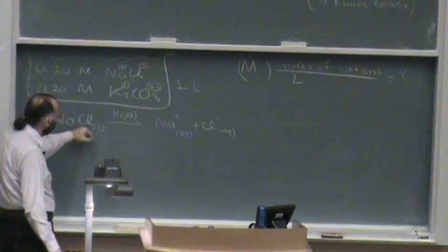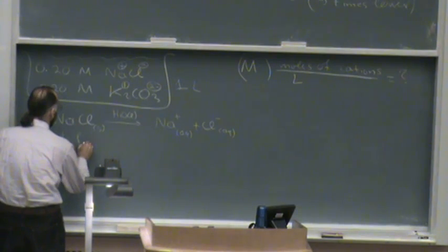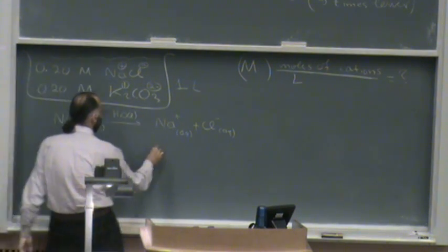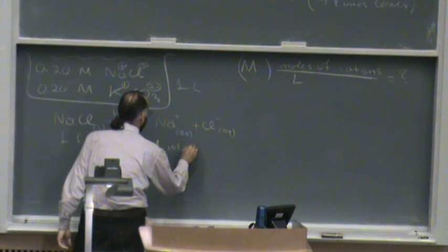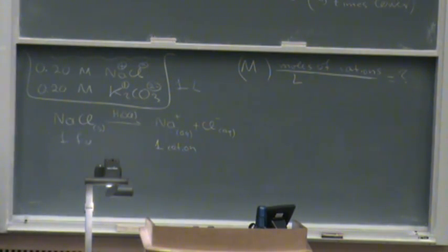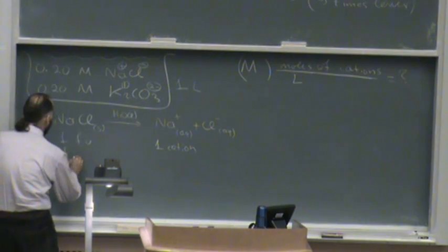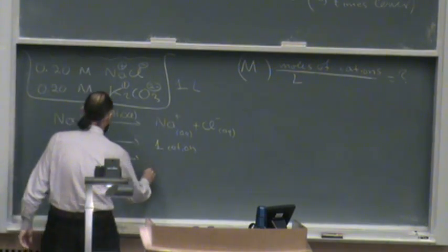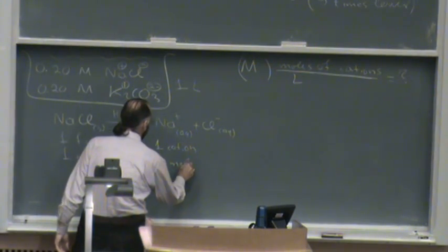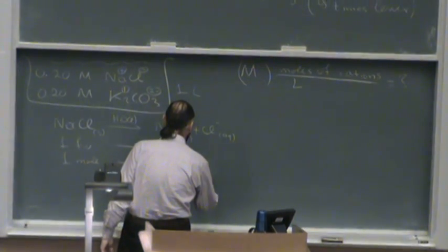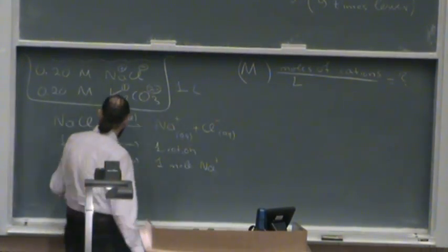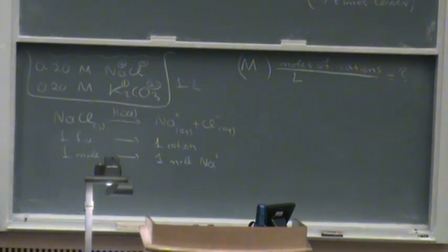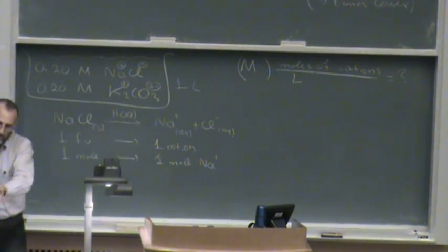Therefore, 1 mole of these formula units, I mean 6.02 times 10^23 formula units of that salt, will give you 1 mole of sodium plus cation, right? So from 1 mole, you get 1 mole.